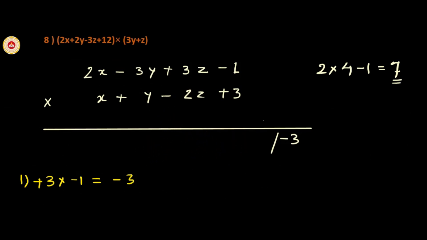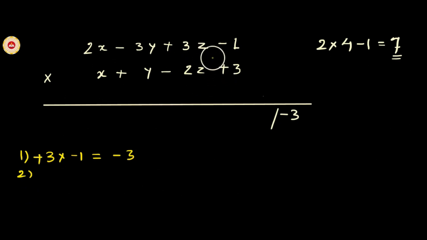So step number 2. What is step number 2? Step number 2 is to join the second column to the first column.